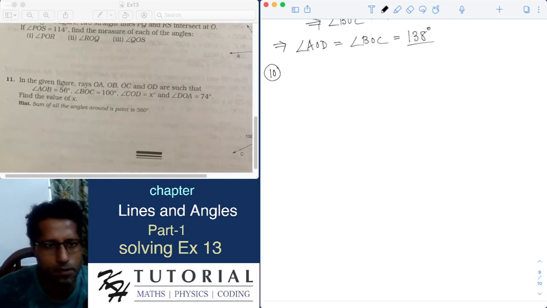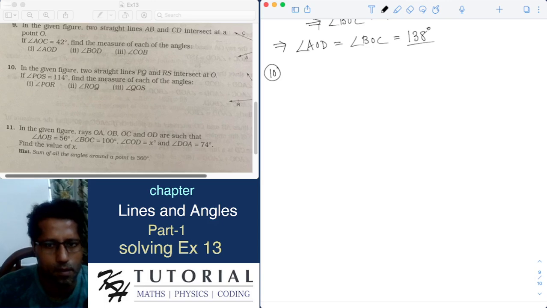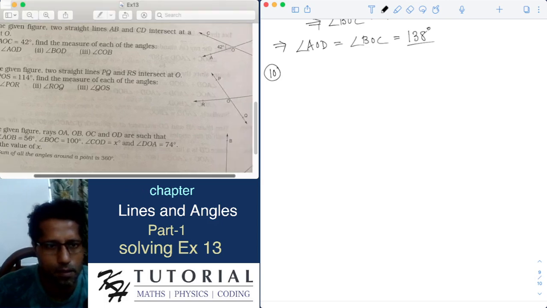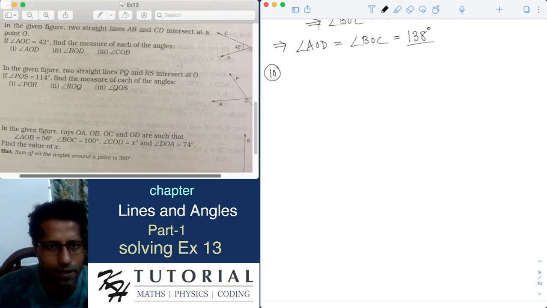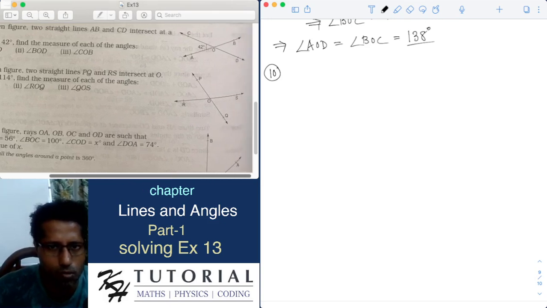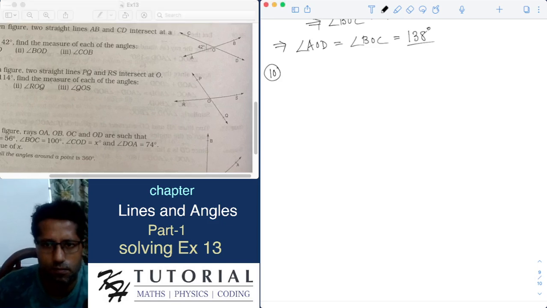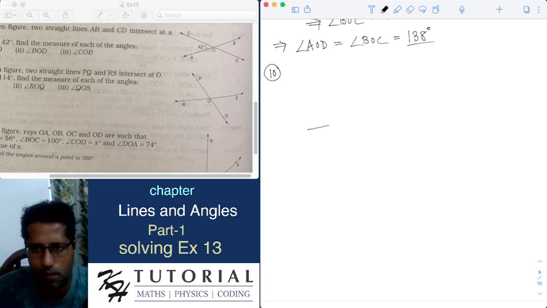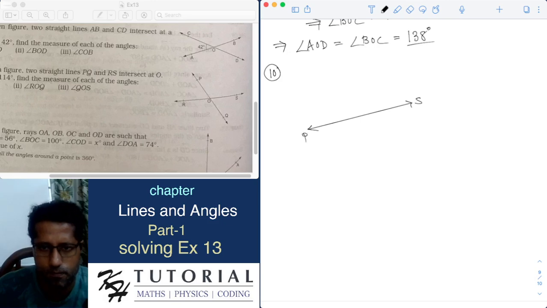Problem number 10 says that in the given figure, two straight lines PQ and RS intersect at O. Okay, so first draw the figure. Two lines. This is the line RS and PQ.